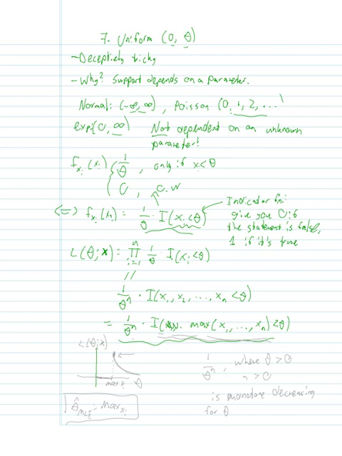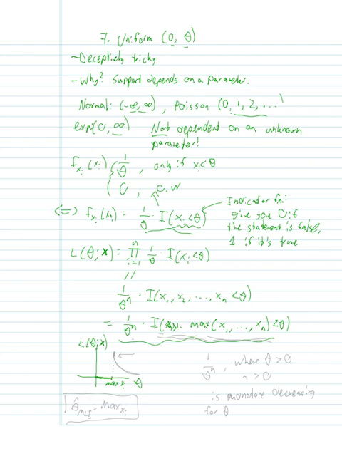So let's graph this. We have theta on the x-axis and the likelihood of theta on the y-axis. If theta is less than the max of the xi's, right, then the likelihood is 0, because this will become 0.